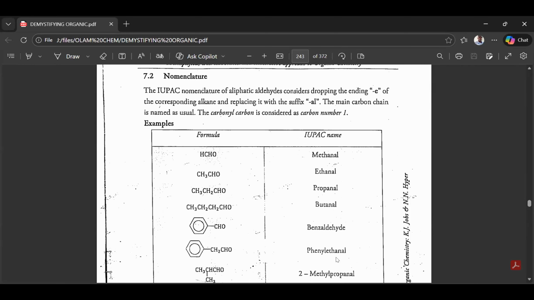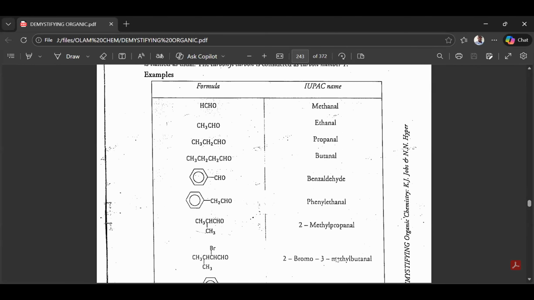Now that is the general naming, but they are going to give you compounds with some substituents or groups attached, where you have to identify the locant numbers. The next one after butanal has a special name, which is benzaldehyde.